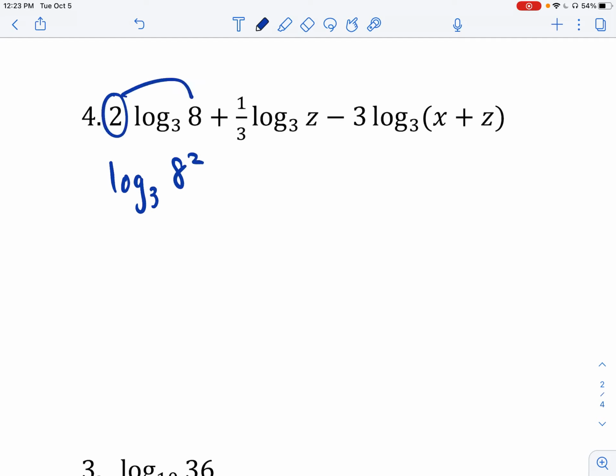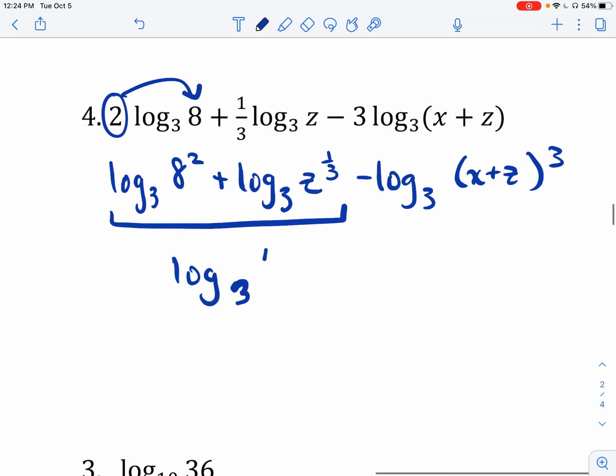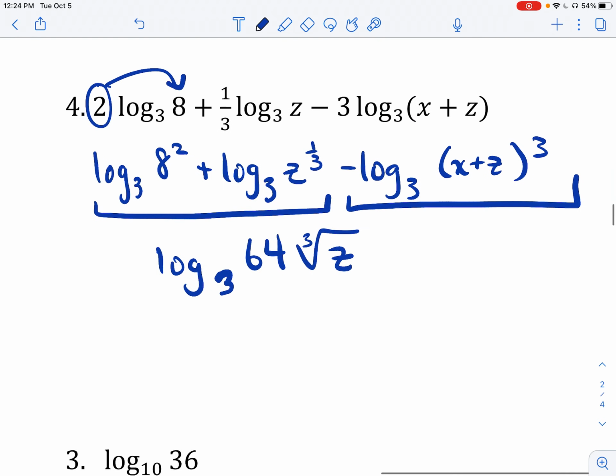I'm going to take this 2 and write it as a power of my argument, plus log base 3 of z to the 1/3 power, minus log base 3 of x plus z to the 3rd power. I know I can write this as a single logarithm. And since I'm subtracting all of this, I know that I'm going to divide all of this by x plus z cubed.